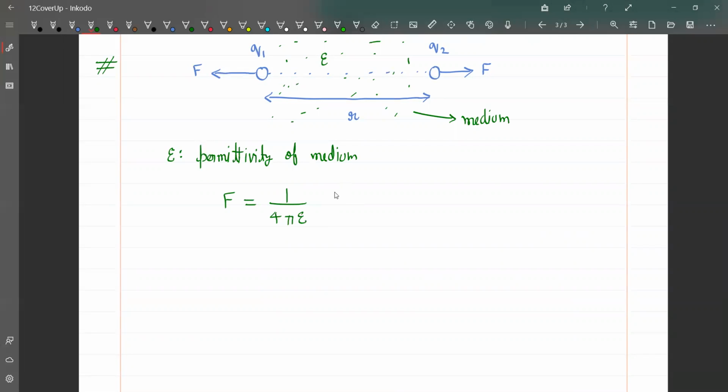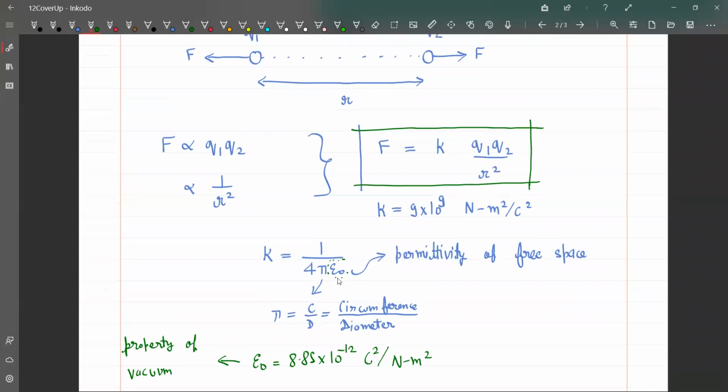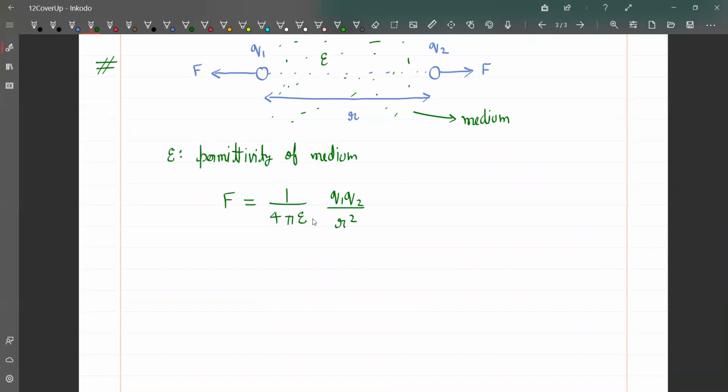epsilon into Q1 Q2 by r squared. Instead of the property of the vacuum, epsilon naught, we are using epsilon. Here epsilon is the permittivity of the medium. We can write a ratio, epsilon r, known as relative permittivity.